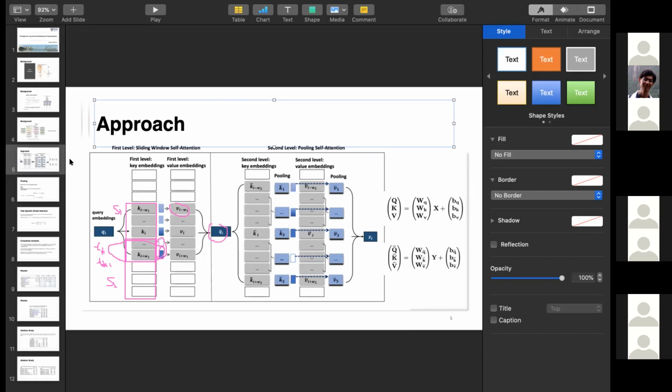Okay, let me draw. Here we also have a column which is the Q, so here is from Q1 to Qn. Here is K1 to Kn and V1 to Vn.